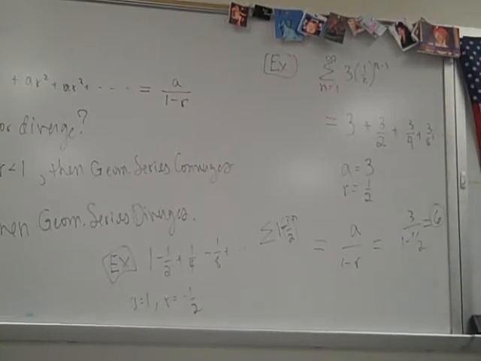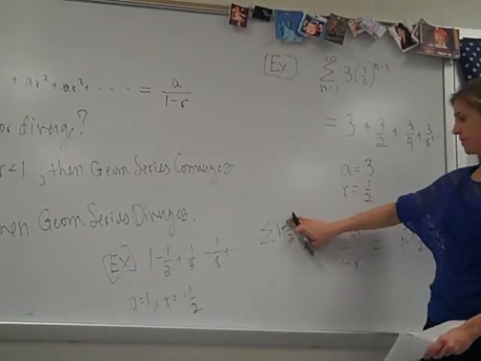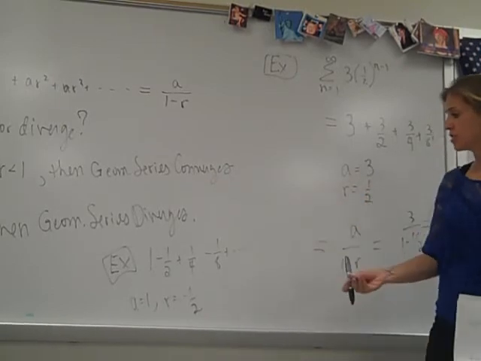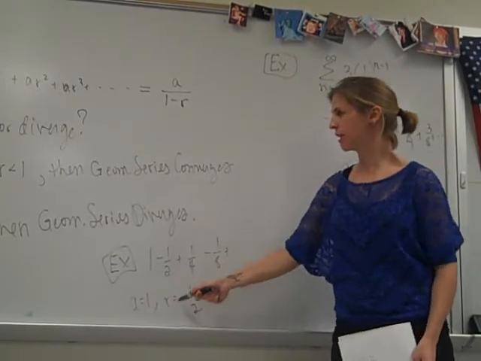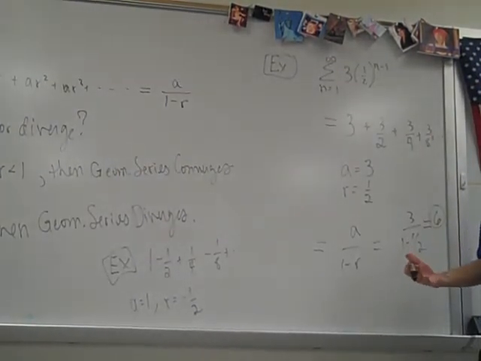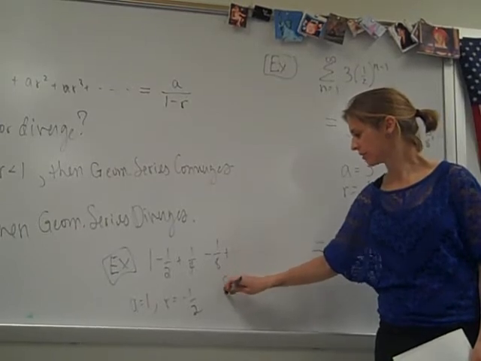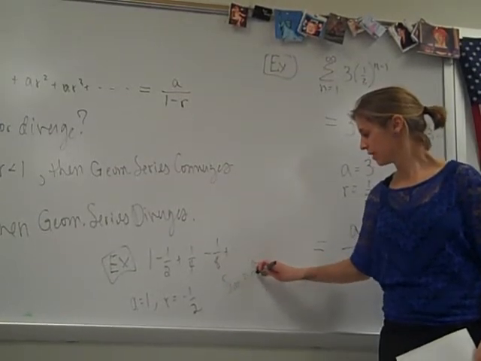It's considered an alternator because it's a negative number to the n. You don't need to worry about this yet. You just need to know that I've got my first term and a multiplier, and the multiplier is in the range that it needs to be in for it to converge. So the series converges to A over 1 minus R.